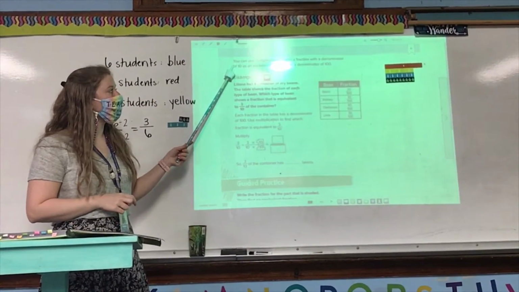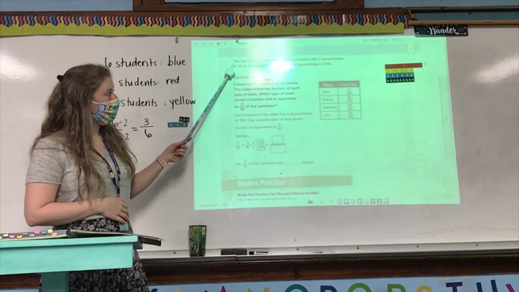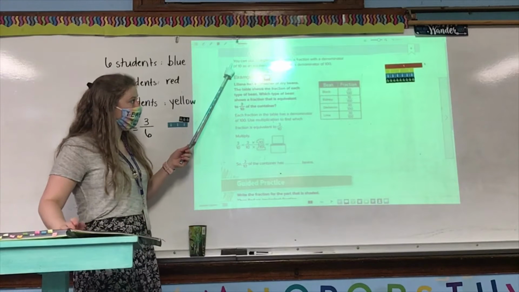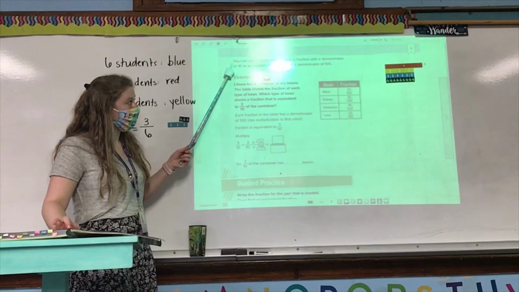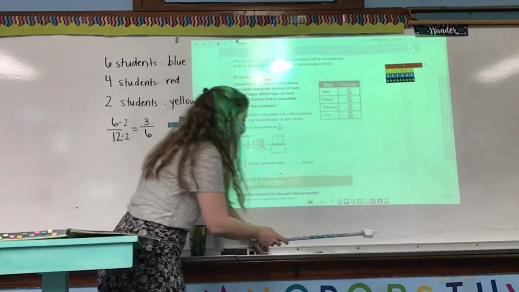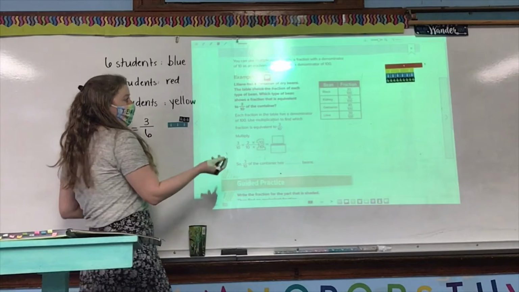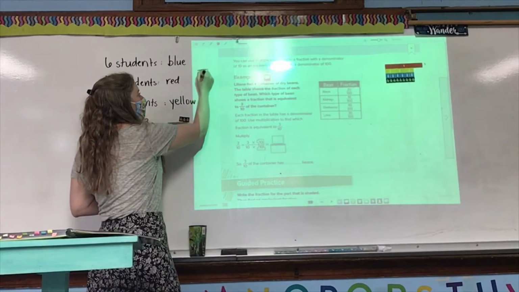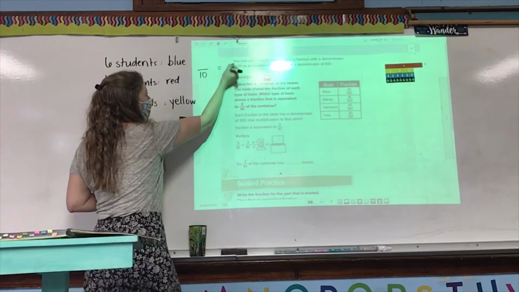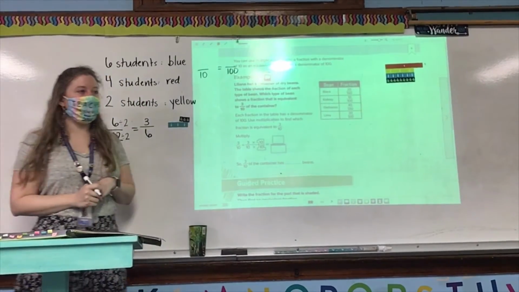You can use multiplication to write a fraction with a denominator of 10 as an equivalent fraction with a denominator of 100. So what that means is you start with a denominator of 10 and you can find an equivalent fraction with a denominator of 100 by doing what?